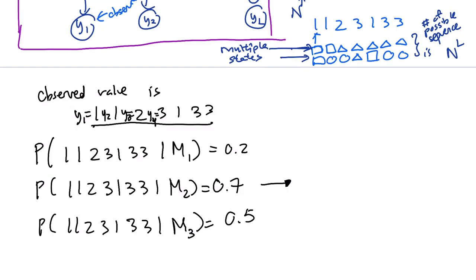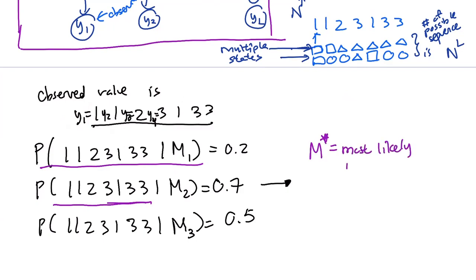It's not a distribution of these observations, it's just the probability of seeing this observation given this particular model. And obviously, if I have M2, I have the highest probability of seeing this particular observation. So by the maximum likelihood, I should say that the most likely model is M2, right? The most likely word is M2, right? Okay.